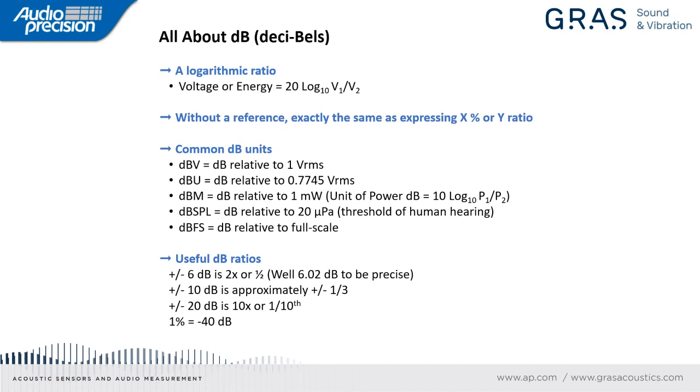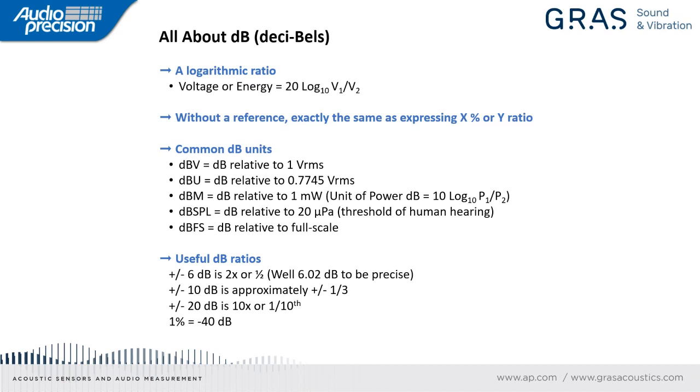I've got some feedback that this is very useful, and someone wants to confirm that a plus 3 dB is a level of twice the energy, plus 6 dB for twice the voltage as explained. Sorry, plus 6 dB is twice the energy, plus 3 dB is twice the power.